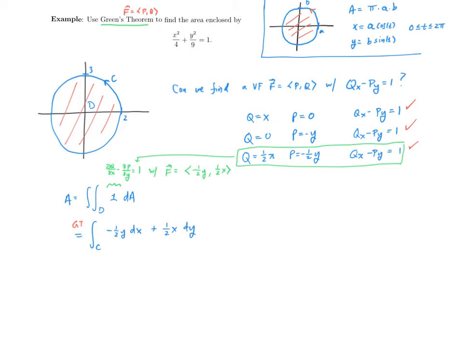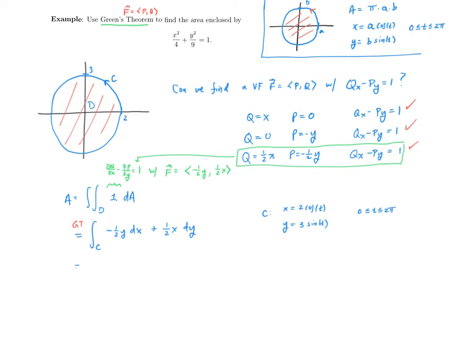And in order for us to evaluate this line integral, we need to go back to our methods we've previously discussed. That is, what is a parametric description of the curve? But using our observation from earlier, we can use a parametric description of the curve given by x is equal to 2 cosine t, y is equal to 3 sine t. And the parameter value will vary from 0 to 2 pi, so that we go around exactly 1 time in the counterclockwise direction.